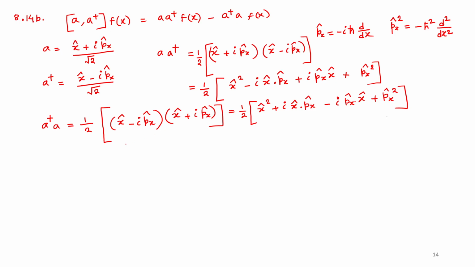So this is what we are going to have. So what does a dagger f of x stand for? That will stand for 1 by 2 (x squared minus i x px plus i px x plus px squared) f of x.